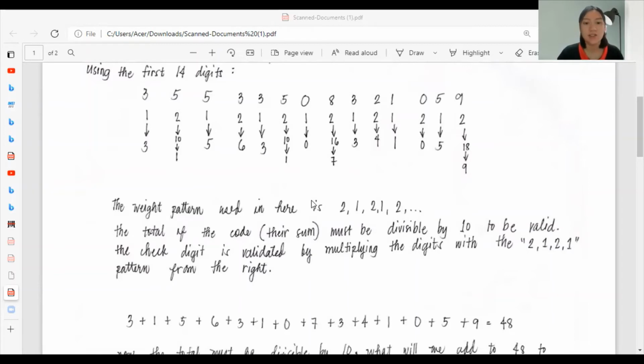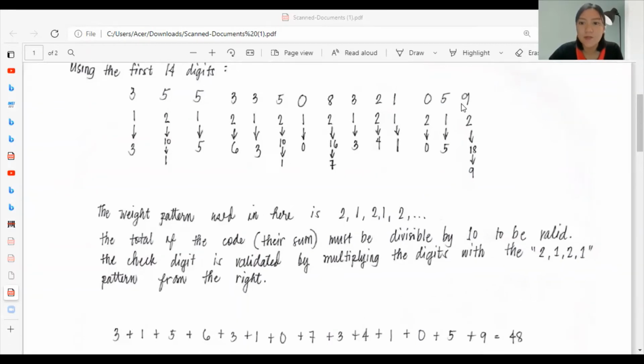The check digit is validated by multiplying the digits with the 2121 pattern from the right. So we're going to start by multiplying the first number from the right going to the left, and we're going to do it for the rest of the numbers, alternating with 2121. That would be 9 times 2, 5 times 1, 0 times 2, 1 times 1, and so on.